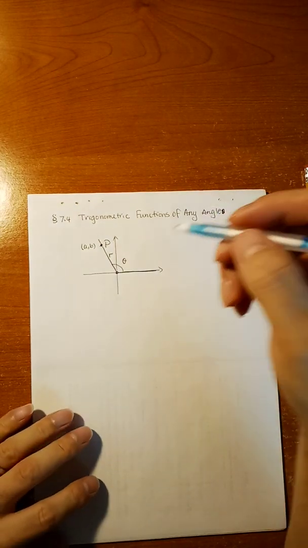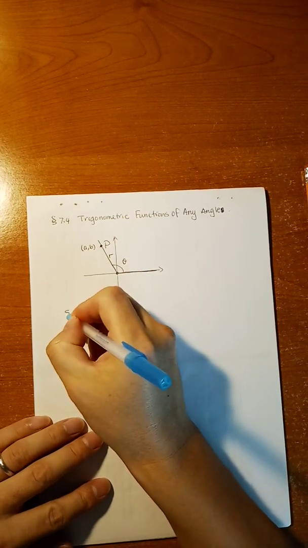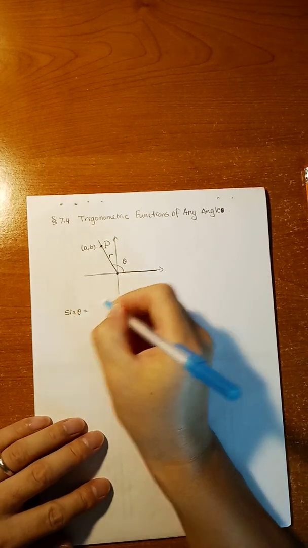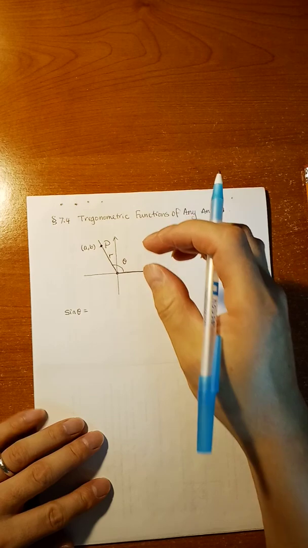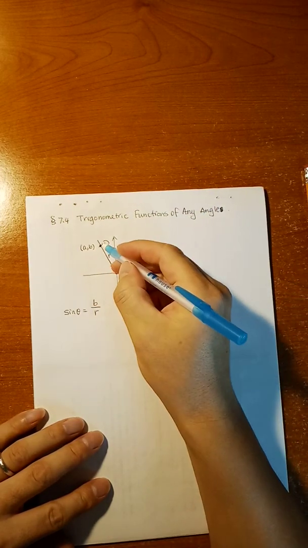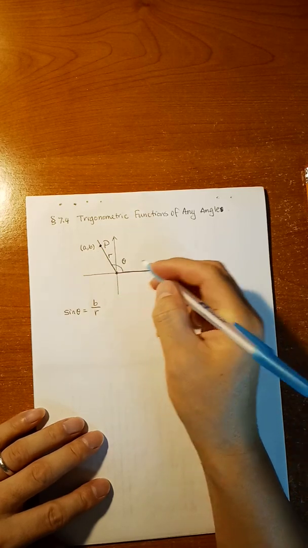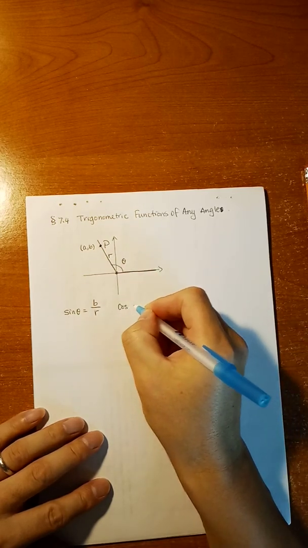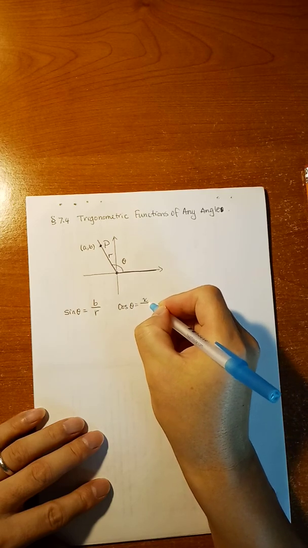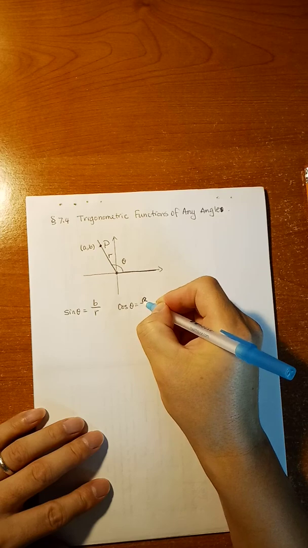Then what is the definition? The sine of theta is always the y coordinate over r. Sine is y over r. Cosine theta is the x coordinate, a, over r.